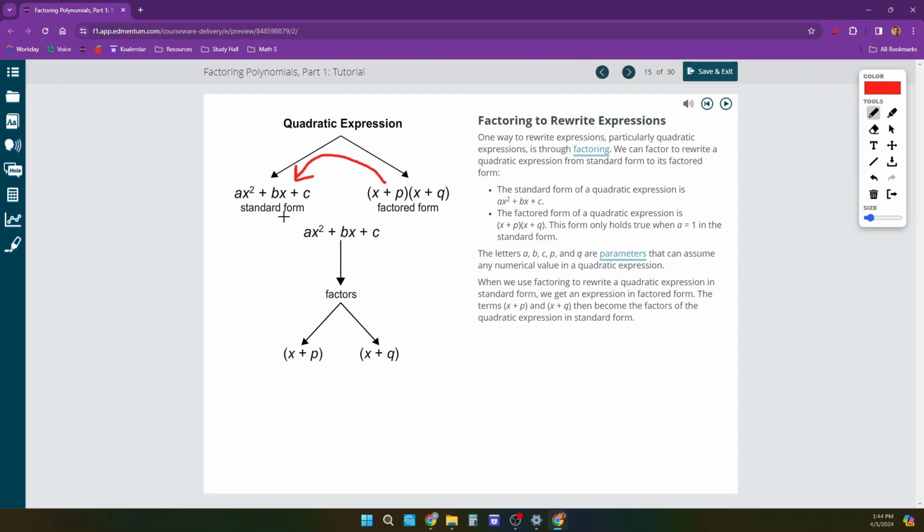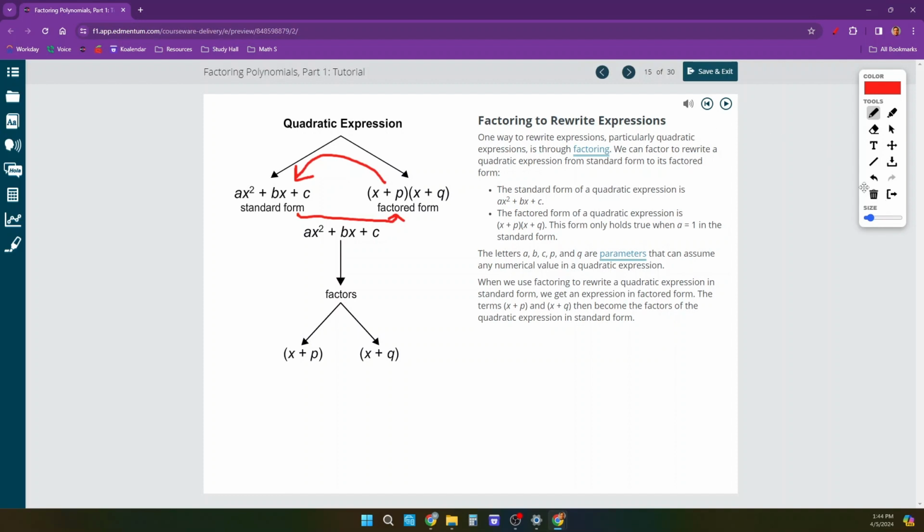But we haven't gone over how a standard form can become our factored form. And in math, nearly everything, and for algebra, I'll just say everything is reversible. If you learn how to change one form into another, you definitely should be aware that the reverse is also possible. And that's what we're going to be learning here.